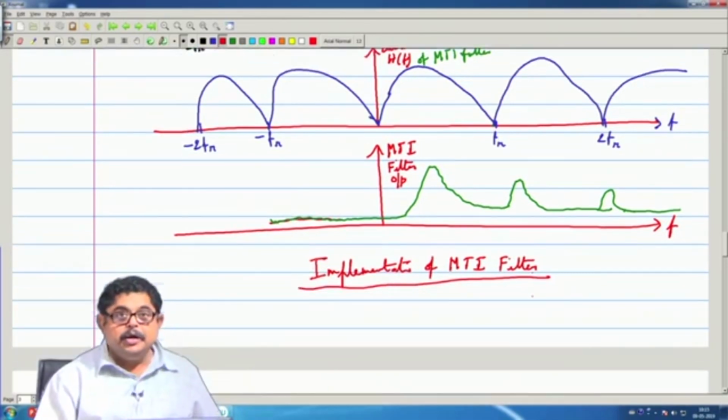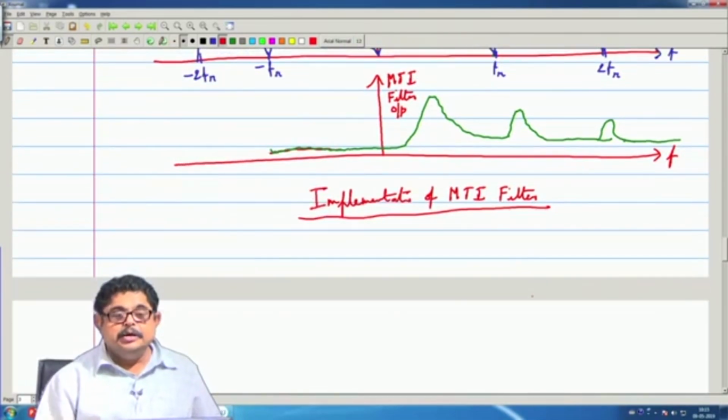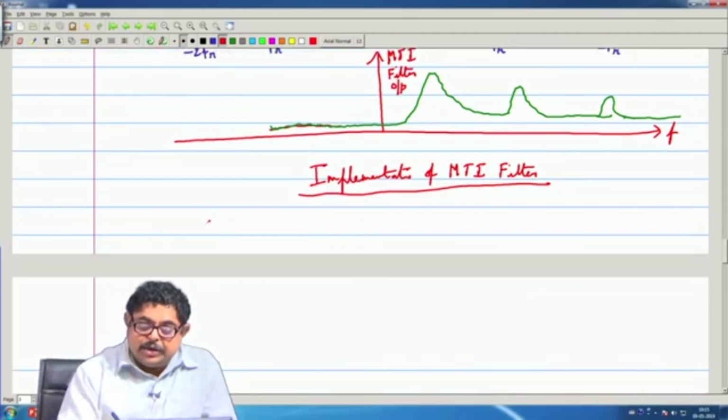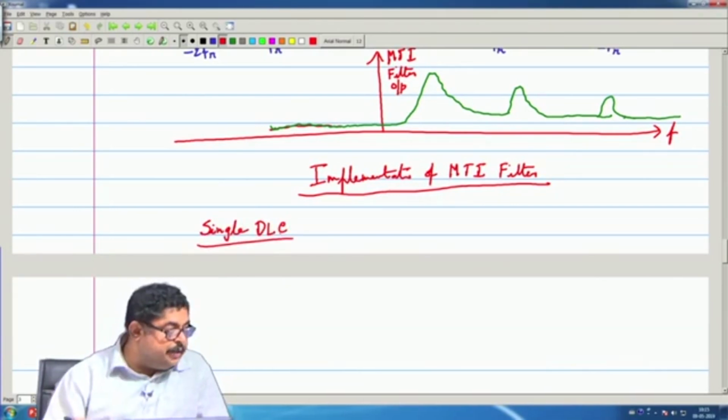One thing I have already done, the delay line canceller, but that I will now call the single delay line canceller, because there is a single delay.